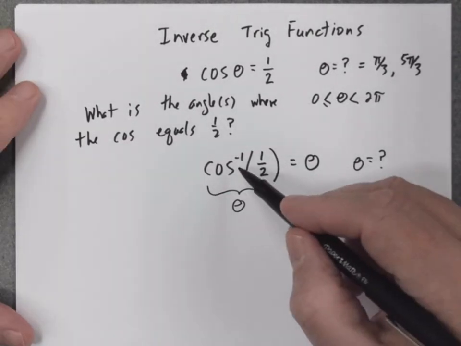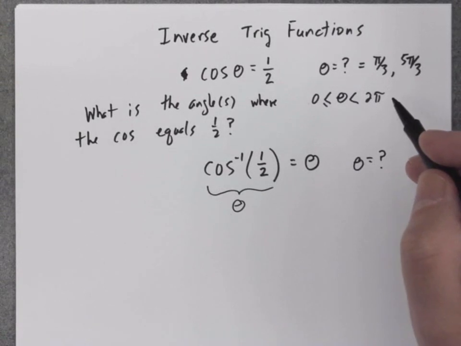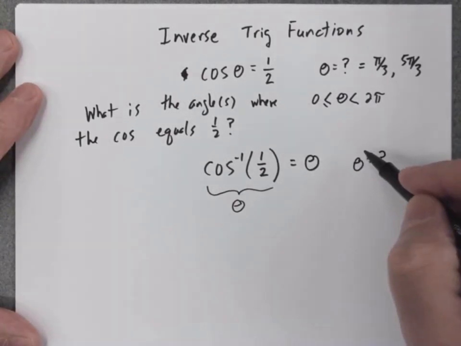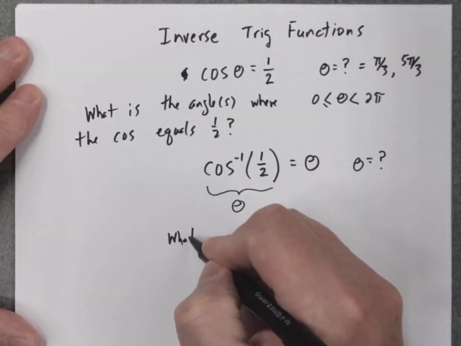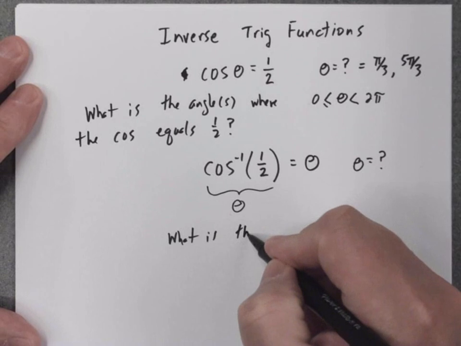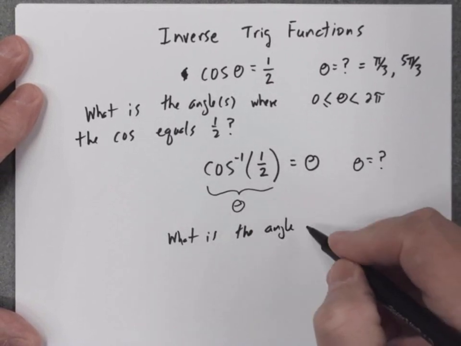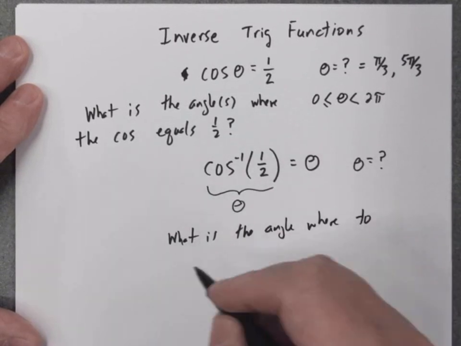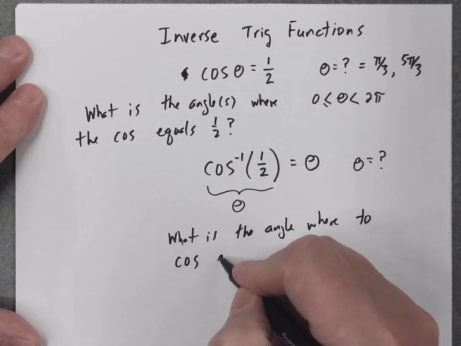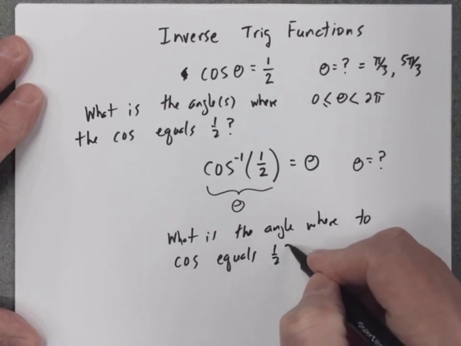Now what's interesting, when I see this inverse cosine function, here's the question I ask myself to determine this answer. I say, what is the angle where the cosine equals 1/2?